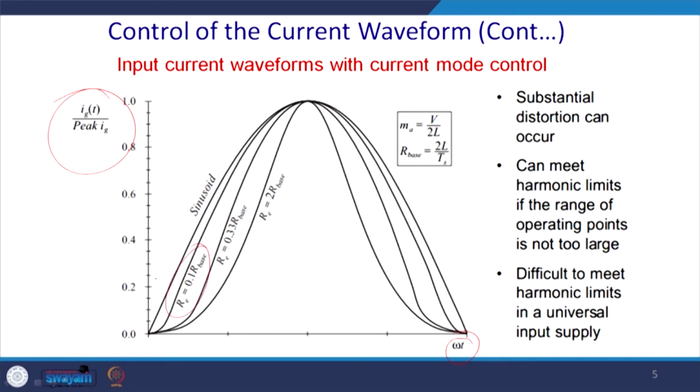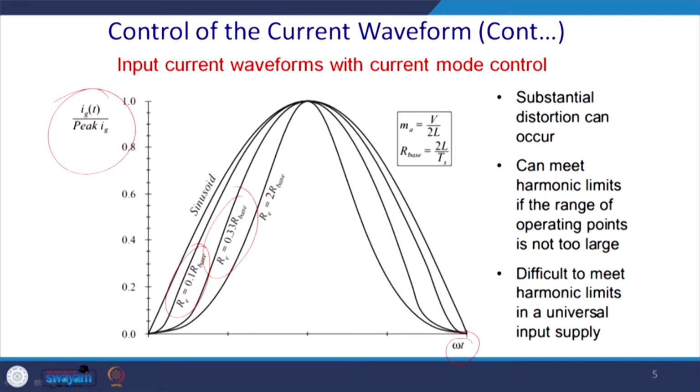If Re equals 0.1, then gradually it will start to be peaky, 0.33, and you can see like this, and once this happens to 10 times, you can understand that there will be a quite peaky current. So, a substantial distortion will occur in the waveform if you have a higher base resistance.